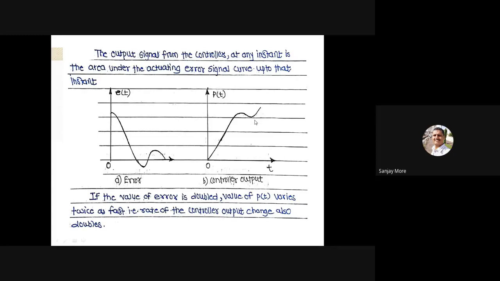Then if the value of error is doubled, the value of P of t varies twice as fast, that is, the rate of controller output change also doubles.